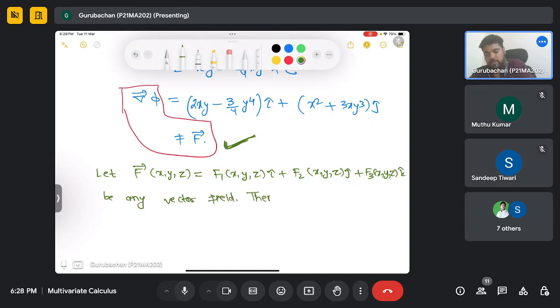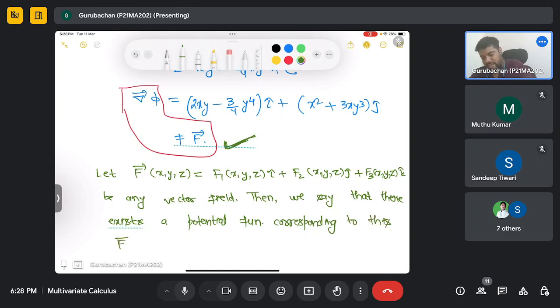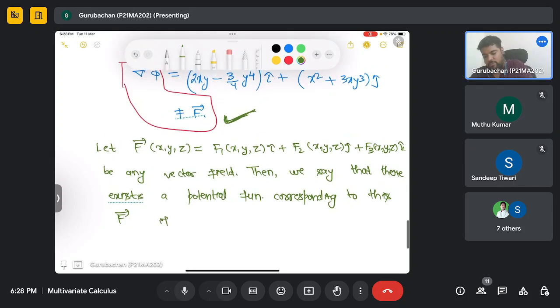Then we say that there exists a potential function corresponding to this particular vector field f if and only if curl of f is the zero vector.